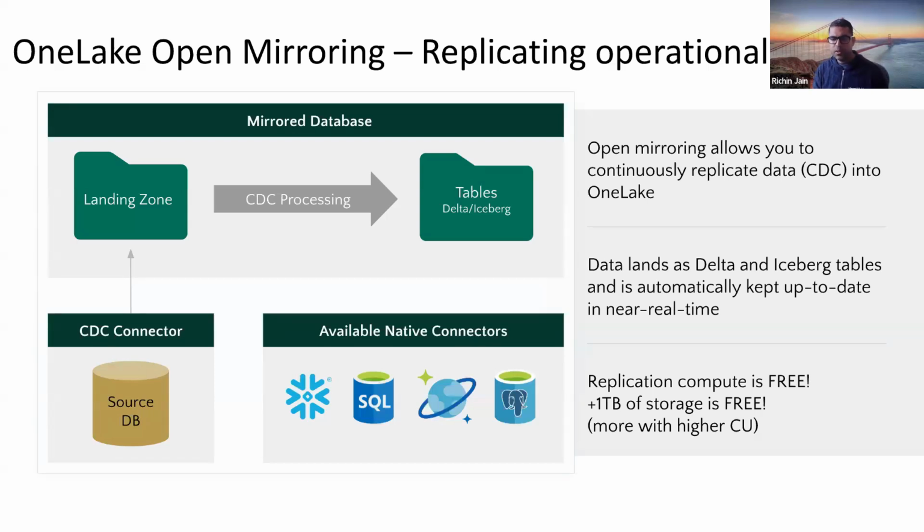What mirroring allows our customers to do is basically have a replica of their database running outside of Fabric, so that they can run their analytics load on it. As part of the integration, the partner that is building the integration will process CDC events, and then put it in a landing zone that is basically a OneLake location, and our mirroring service picks it up and converts it into a Delta and Iceberg format.